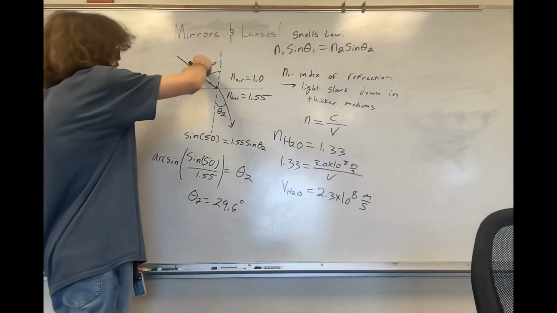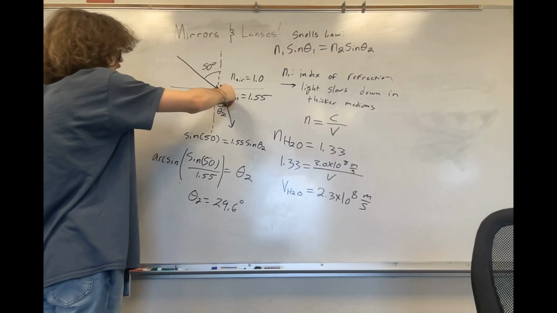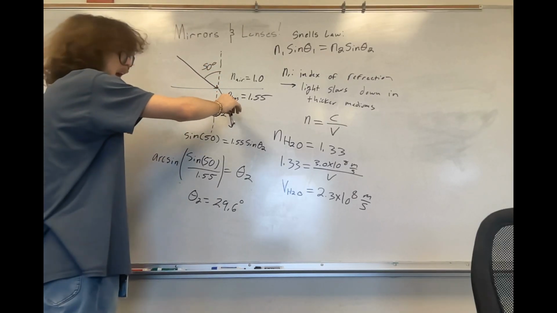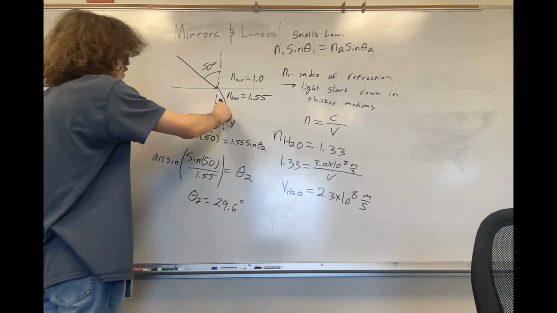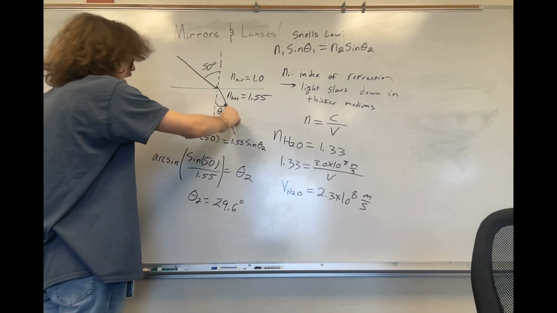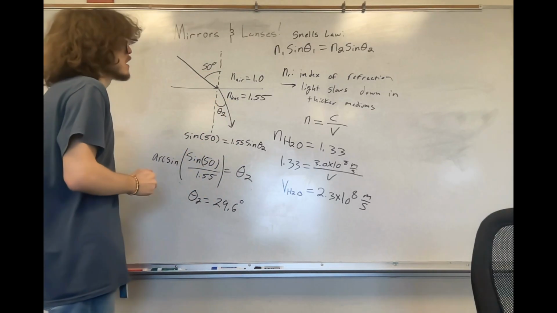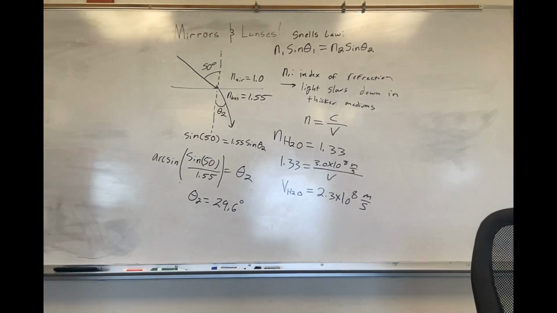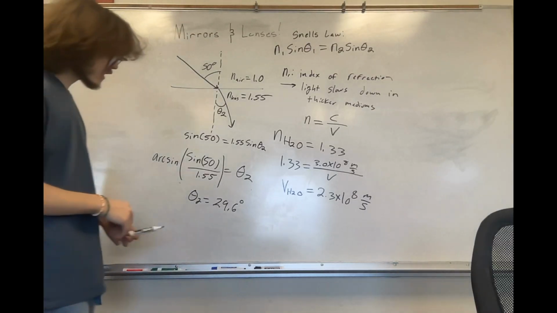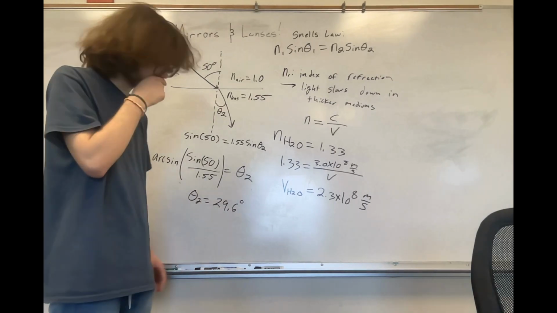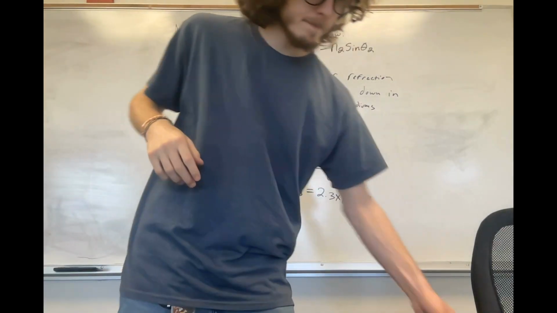So it comes in at 50 degrees to this normal. Now it gets output at maybe about half of that. It gets curled in about 50% of the way and keeps going. Okay, very, very simple stuff. Before we get to lenses though, we need to talk about total internal reflection, okay?